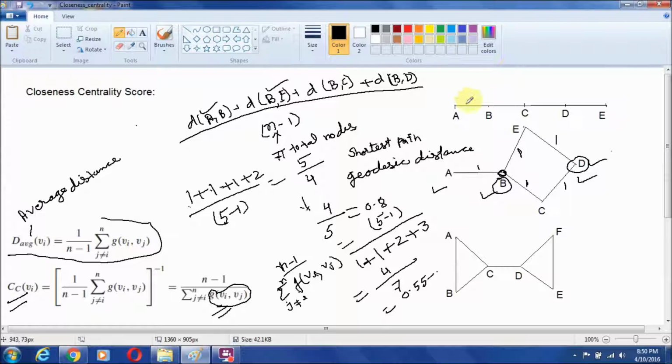Similarly, we can calculate the closeness centrality score of node B here also. In this case the closeness centrality score of node B will be equal to the total number of nodes 5 minus 1 divided by distance from B to A, which is 1, distance of B to C, which is 1, distance of B to D. Now suppose all distances are 1 in it, so distance of B to D is 2 plus distance of B to E is 3.